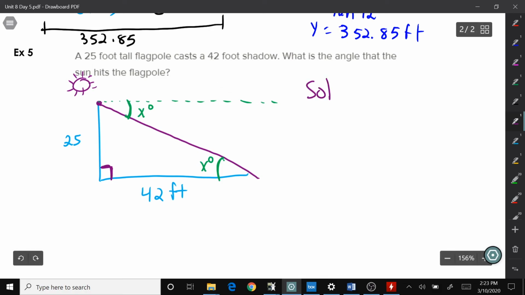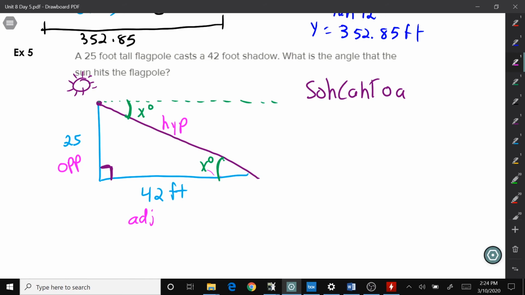So let's write out SOHCAHTOA. If this is my angle, this side over here, 25, is the opposite because it does not touch that angle. This is the hypotenuse, since the hypotenuse does not touch the right angle, which makes the side at 42 the adjacent. And so we know the opposite and we know the adjacent side.